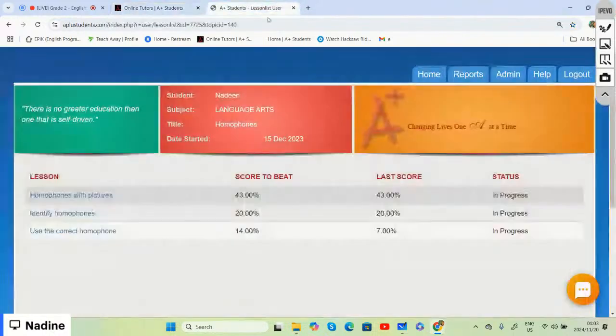And then we're going to scroll down until we get to our chapter of homophones.